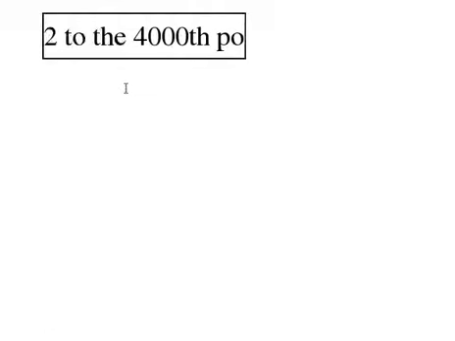Now we have to think of something important. It can be said that the power, the second power and the third power, which are the same thing as squared and cubed, can be repeated with any kind of number. Meaning you can have 2 to the 4,000th power.